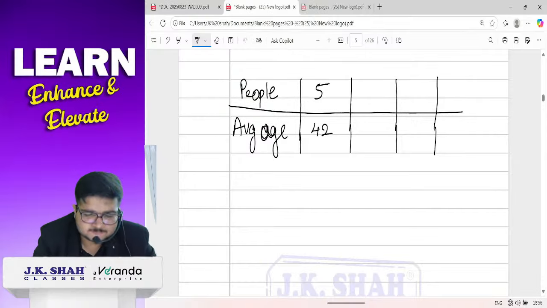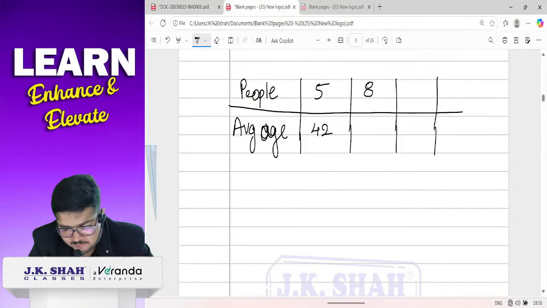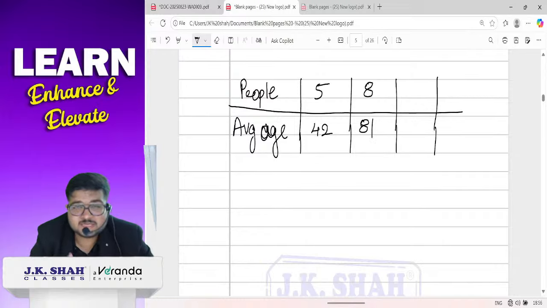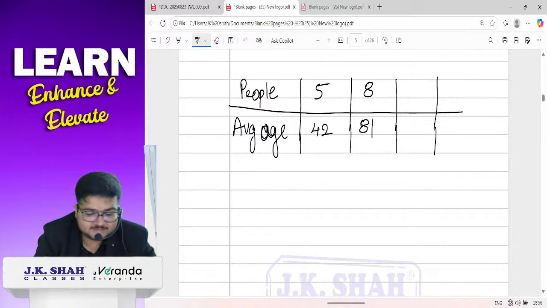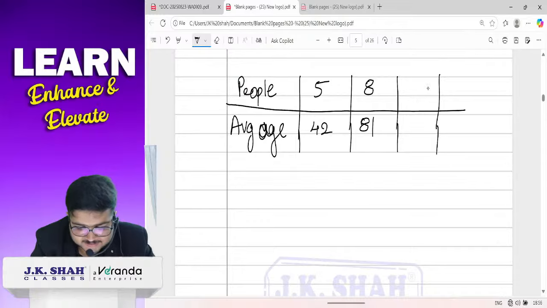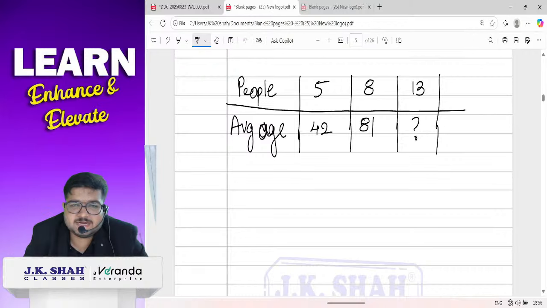This is one group. There is also another group. In that group there are 8 people and the average age is 81. They have told you to find the average age of all people. All people means how many people? 5 plus 8, there will be 13 people, and you have to find the average of 13 people.